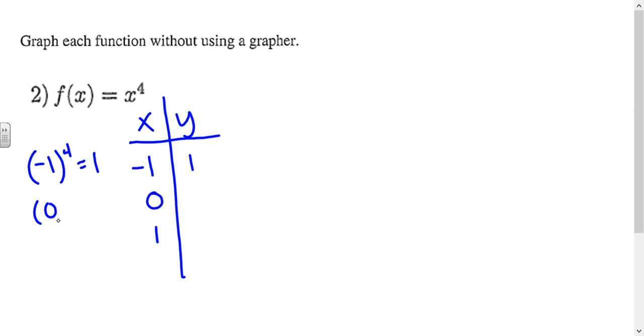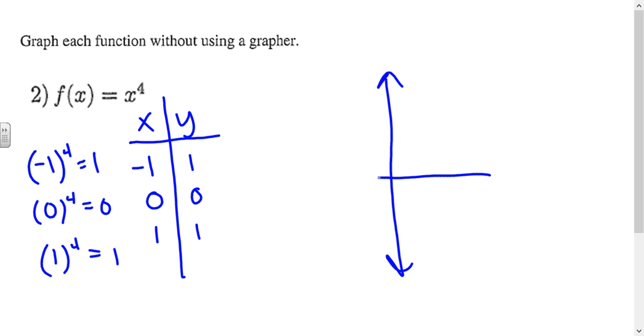Then 0 to the 4th power would just be 0, and 1 to the 4th power would just be 1. You can plug in more numbers if you want, but if we just sketched a quick graph of what that would look like, it would be something like this. And so it just makes a parabola. Okay?